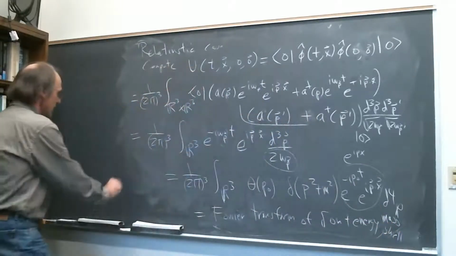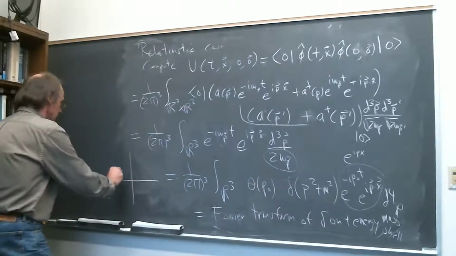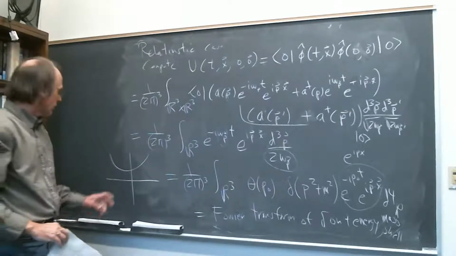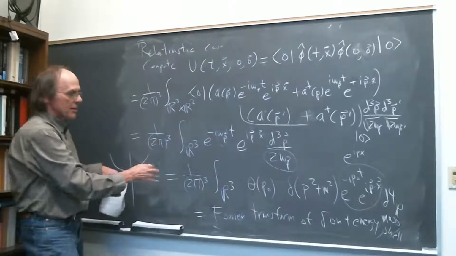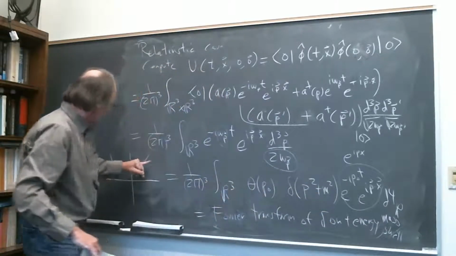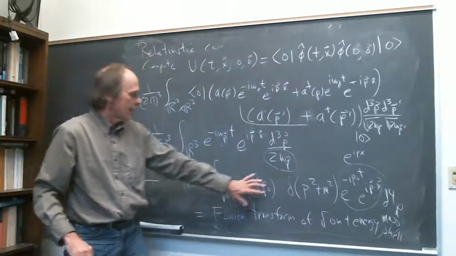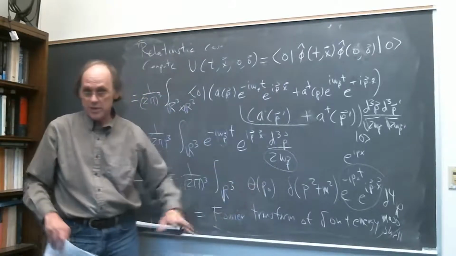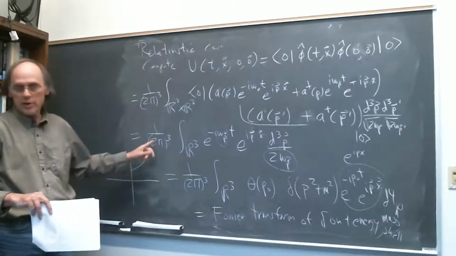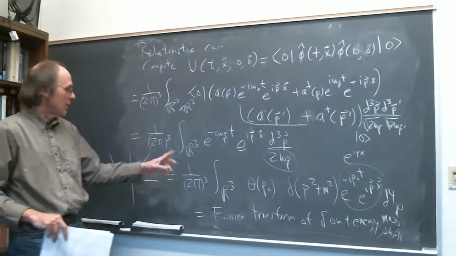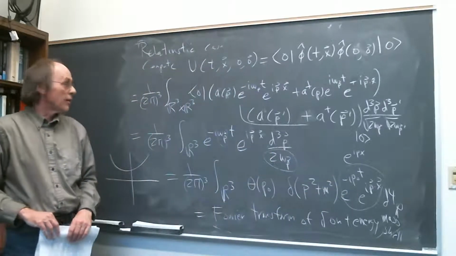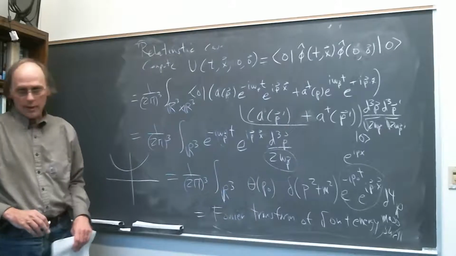In energy-momentum space, you're basically integrating over energy-momentum space, taking the distribution which says restrict your function to the positive energy mass shell, and you're taking the Fourier transform of that. That's really what this is. So this is the relativistic thing.